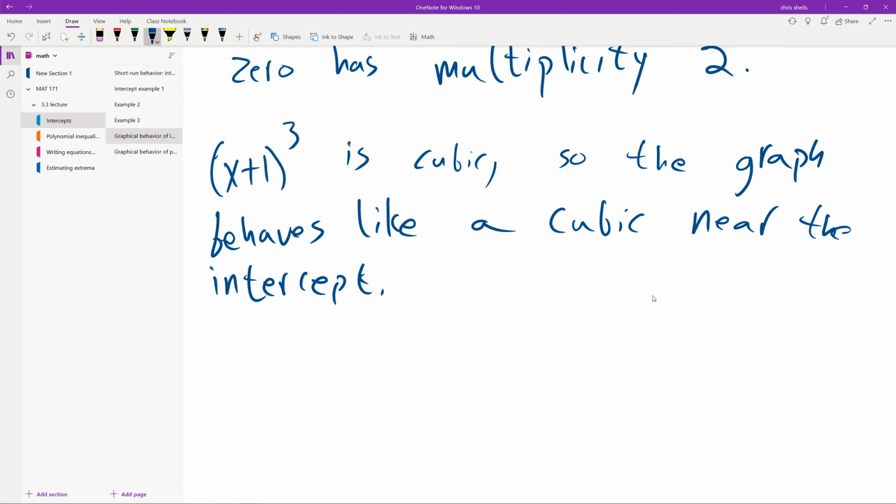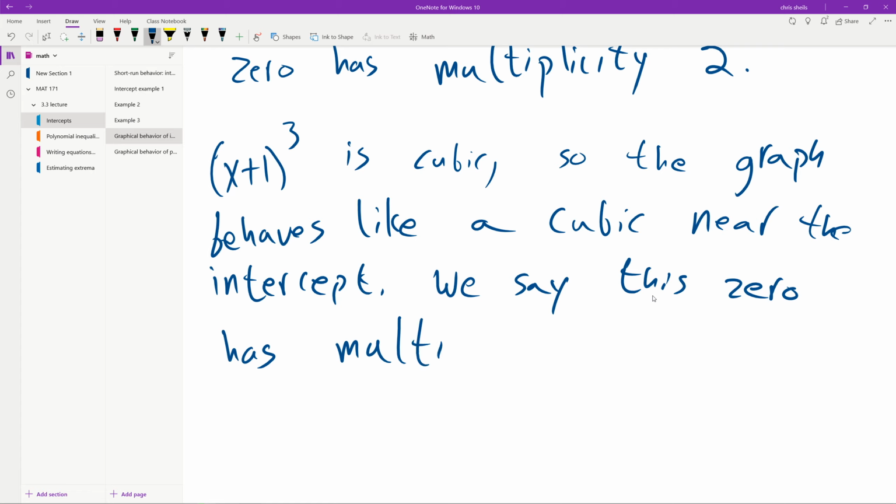We call this a triple zero, or we say this zero has multiplicity 3 because it occurs 3 times. So multiplicity is the number of times that a given root occurs.